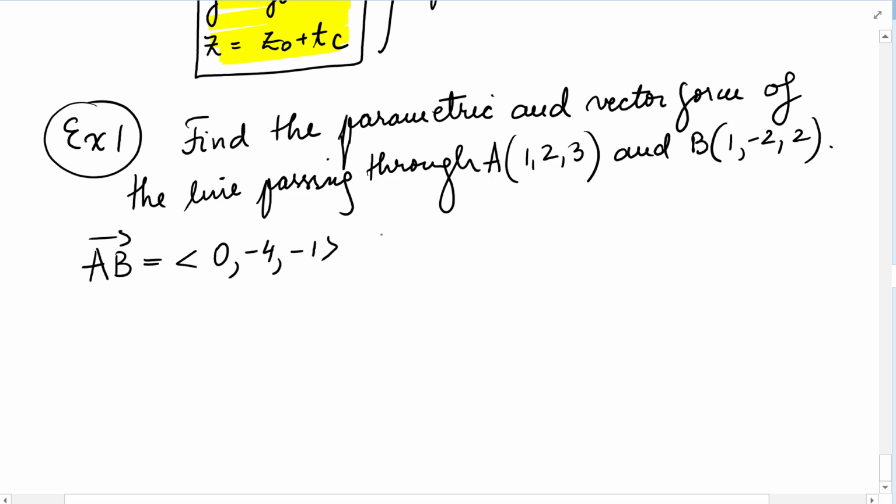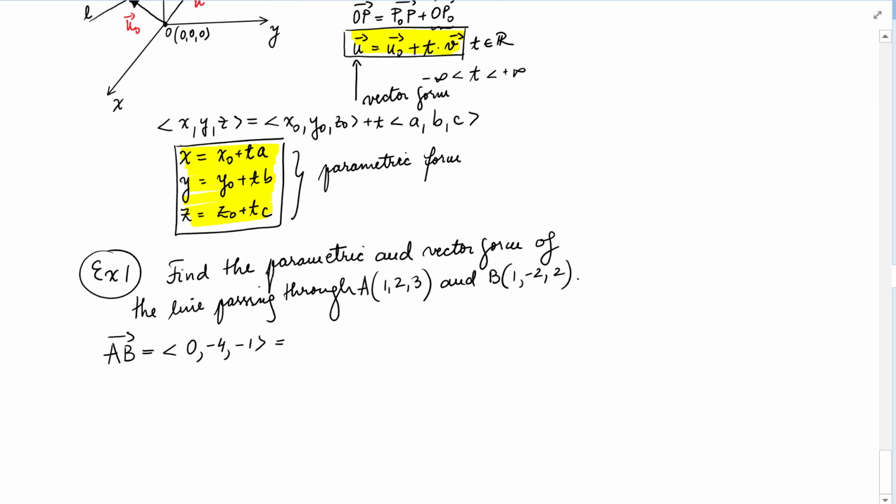So basically, from our formula, this would be our vector v. Let's pick one of the points, A, of coordinates 1, 2, 3. The vector u naught is going to be of coordinates 1, 2, 3 like this.